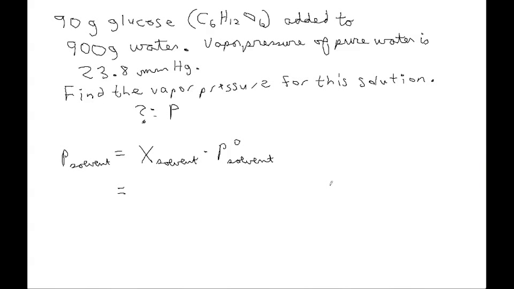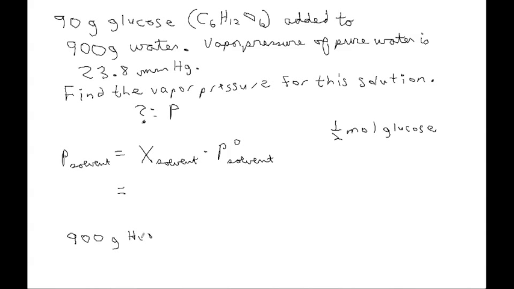That gives us half a mole of glucose solute. And then 900 grams of water. Divide that by 18 grams per mole. That gives us 50 moles of water.